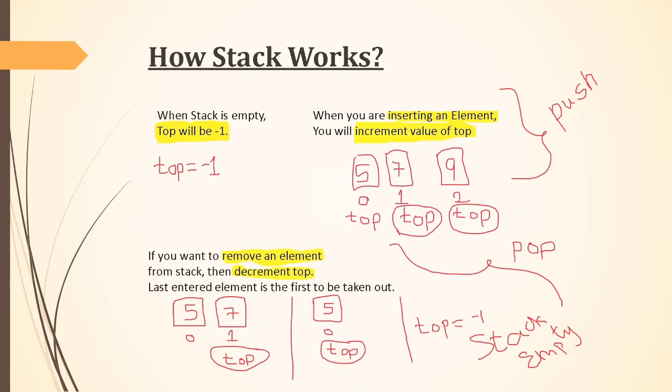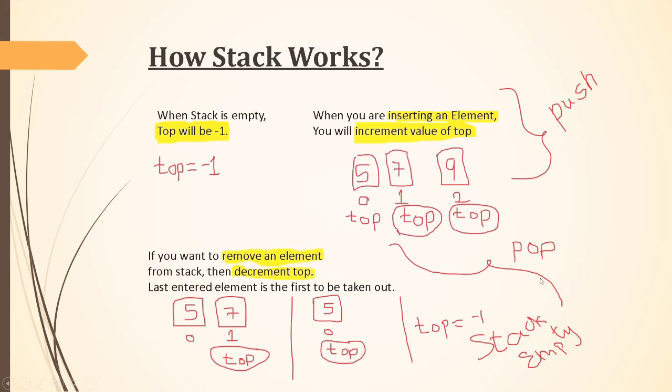So the operations on stack are push, pop, and displaying the elements. You can display the elements from starting index 0 till the size of the stack, and we are going to write the program in the next video. If you understand this topic, you can easily write the program. You are going to write functions like the push function and the pop function.